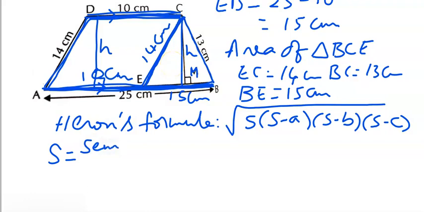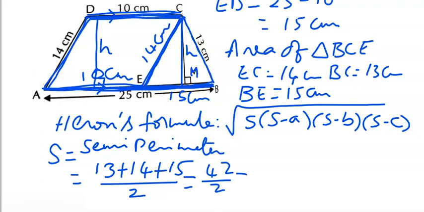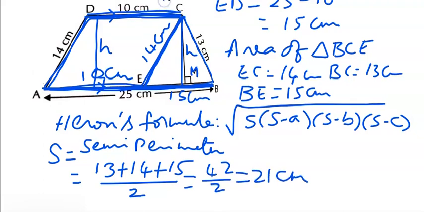Semi-perimeter means the sum of the three sides divided by 2. What are the three sides of this triangle? 13 plus 14 plus 15 by 2 gives you 42 by 2, which is equal to 21 centimeters. So you got the S value as 21 centimeters.